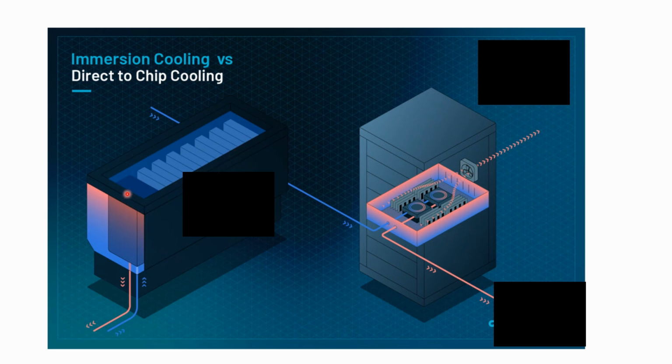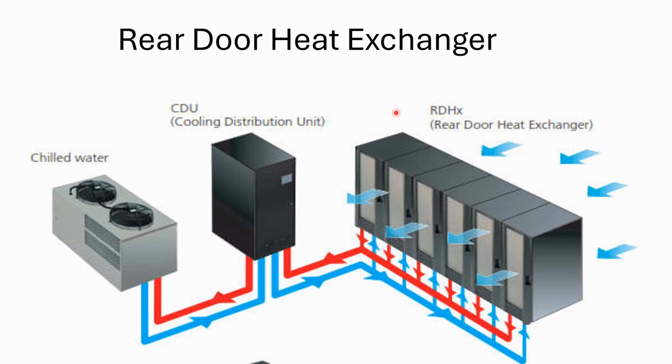The heat generated by the IT equipment is absorbed directly by the liquid surrounding the servers, and the warmed liquid is circulated through an immersion liquid distribution unit where the heat is transferred.